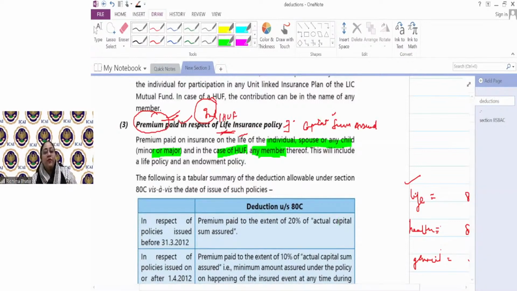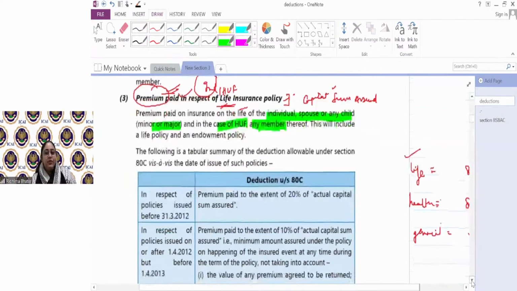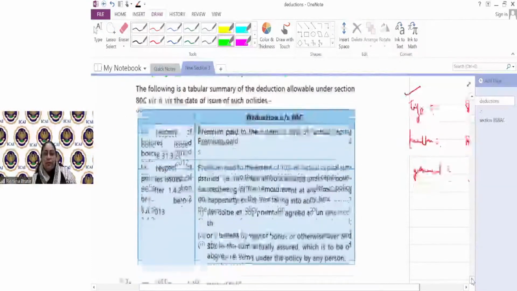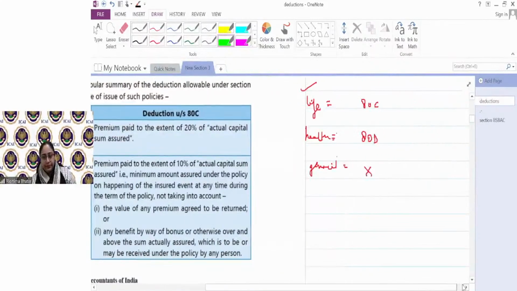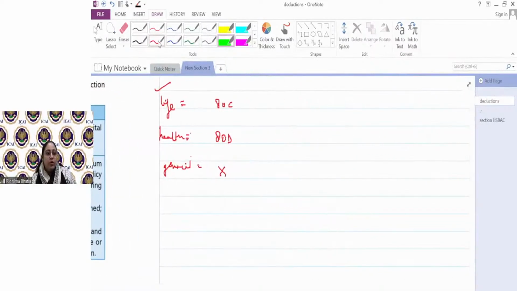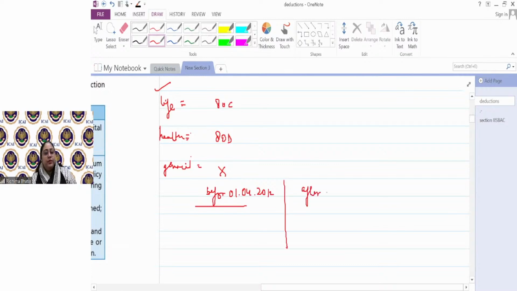So, what do we have to remember is what check we have to see: the premium should be a certain percentage of my capital sum assured. If it is more than that, then it would not be allowed. Now, what is that certain percentage? It depends upon when the policy is taken. Policies run for years and years, guys. So, the policy is taken before 1st April 2012, or it is taken after 1st April 2012.